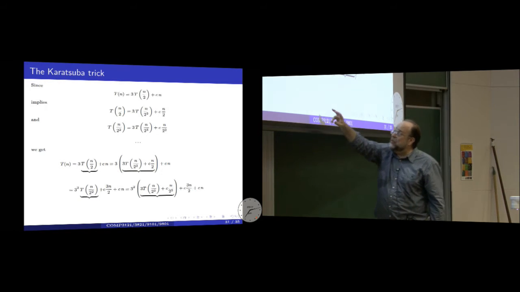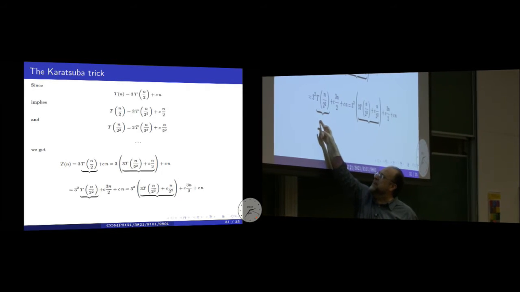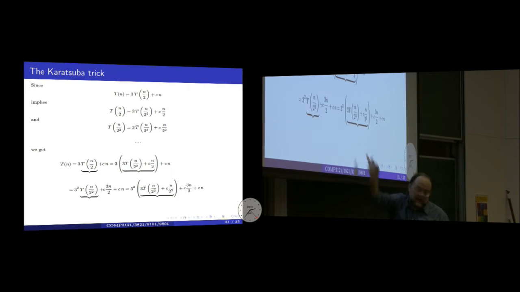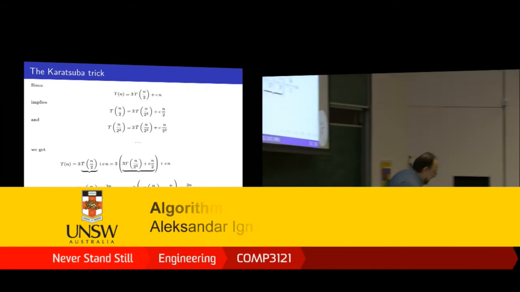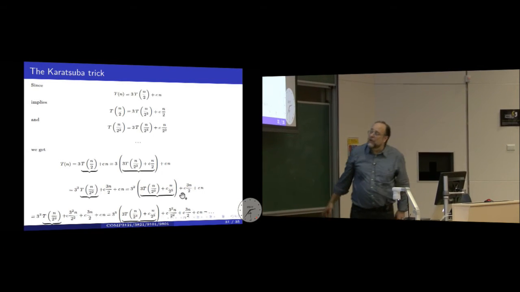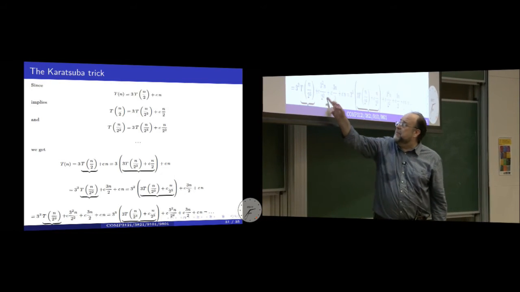And now again, you use the very same trick. This can be replaced in terms of T(n/2 cubed). Voila, here it is. Again, you multiply, and this is what you get. You get these terms.